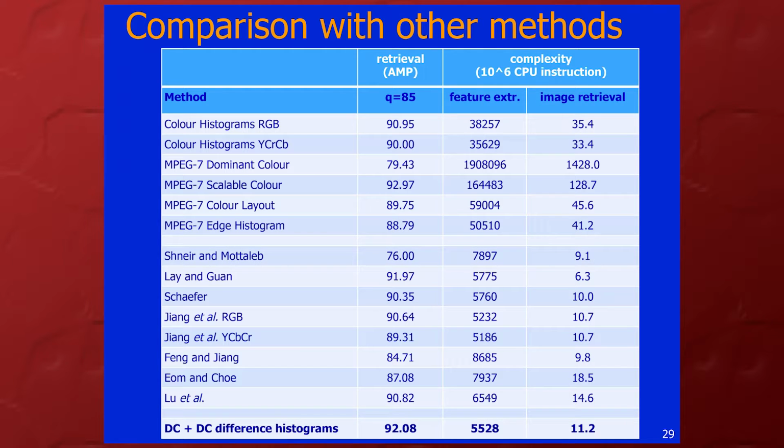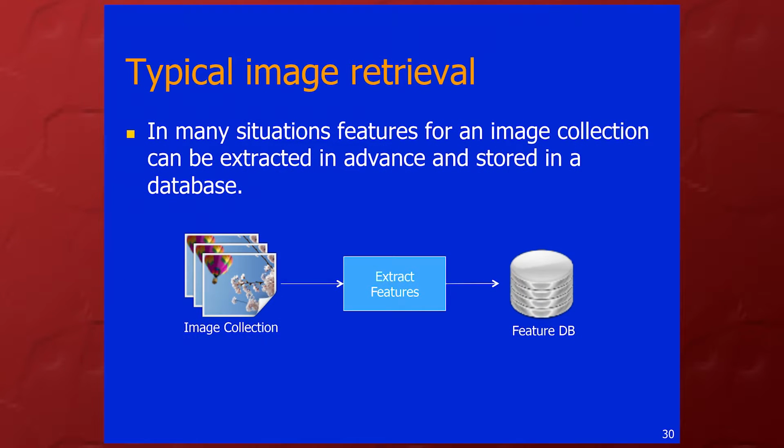But we didn't stop there, and we thought that we want something that supports what we could call online image retrieval. What do I mean by that? Well, first, this is the standard scenario of image retrieval. We've got a database, potentially a very large database. We extract our features, and we store the features in the database.